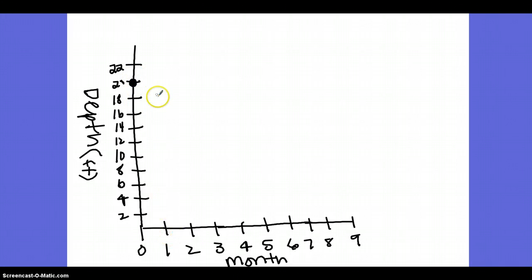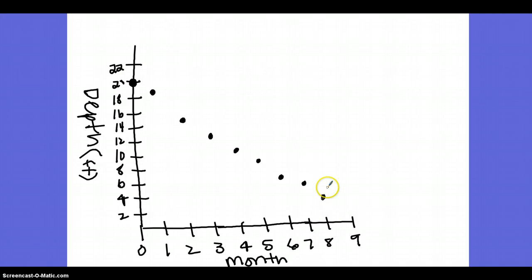And next point is 1 to 15. 3 is at 13. 4, 11. 5, 10. 6, 8. 7, 7. And 8, 5.